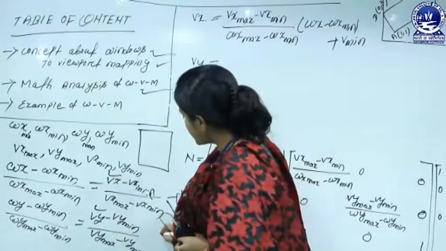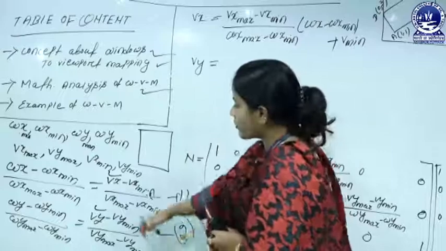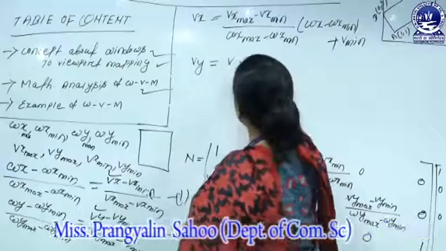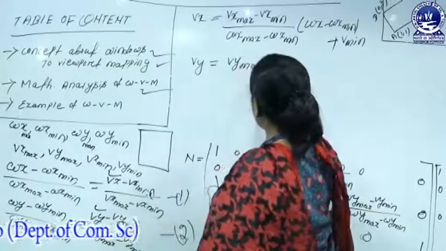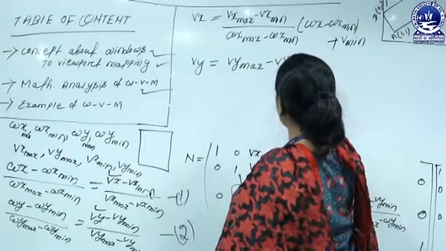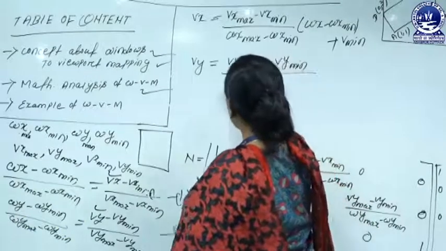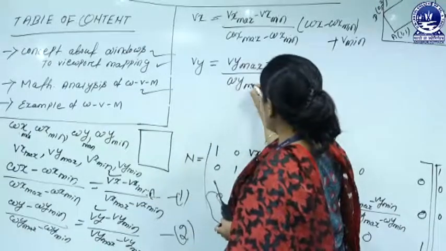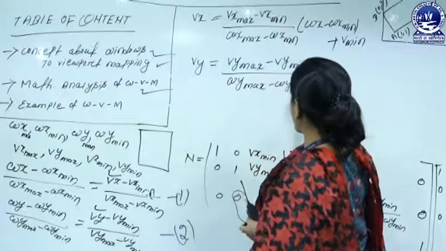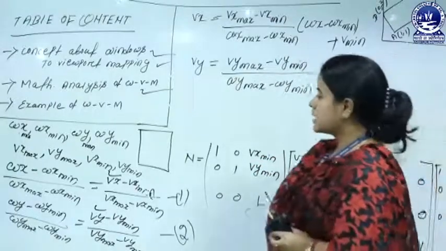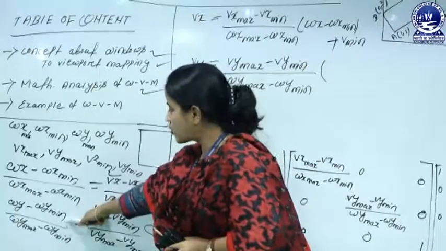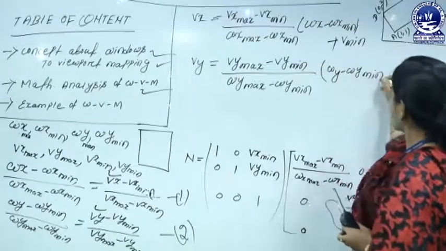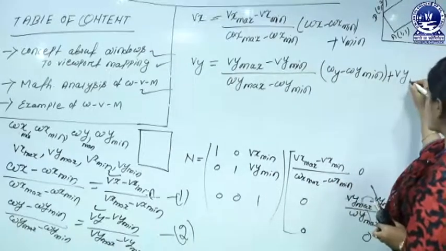Similarly, it is found by using equation 2 with cross multiplication: Vy maximum minus Vy minimum divided by Wy maximum minus Wy minimum, multiplied by the window coordinate value Wy minus Wy minimum, plus Vy minimum.